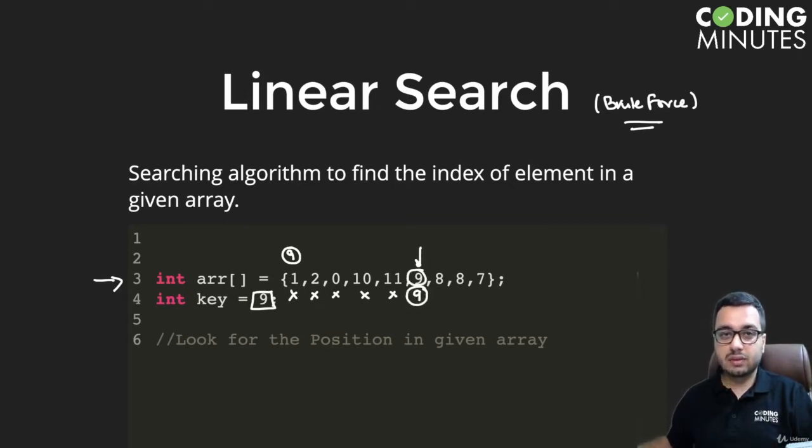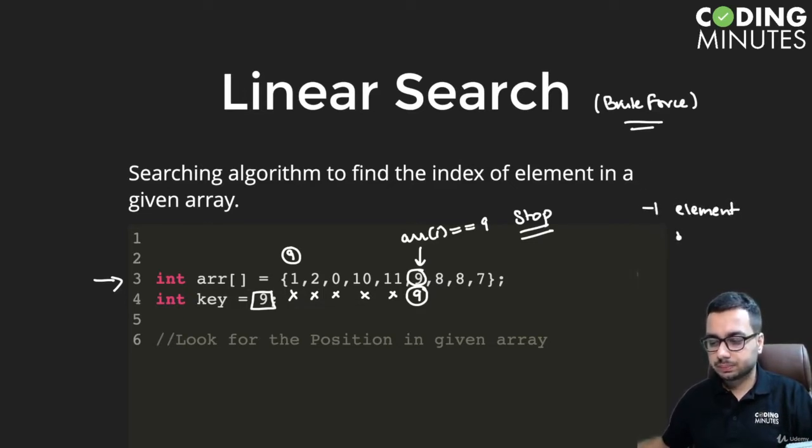Does array of i match our key 9? Yes, it does. Then we stop our search. We don't want to go any further, and we return the index of this particular element. And if it is not present, we can return some value, let's say -1, if the element is not found.